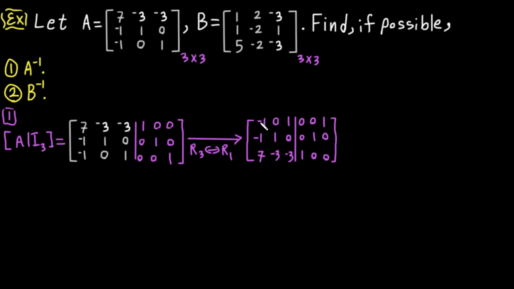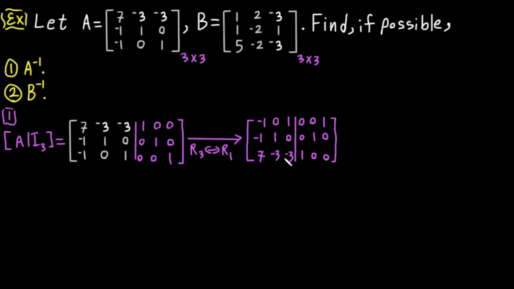Then if you go down and walk until you find a number, you have to make it 1. Then the rest of this column has to be 0. Again, if you go down and find a number, you make it 1, and the rest of this column has to be 0.